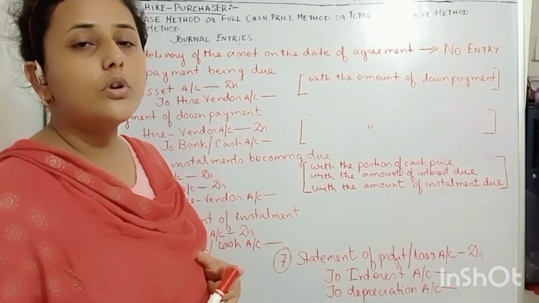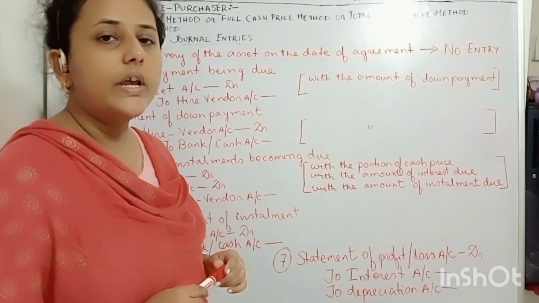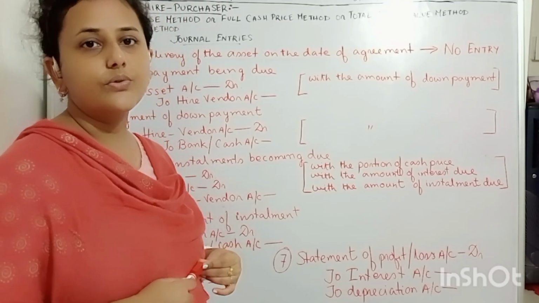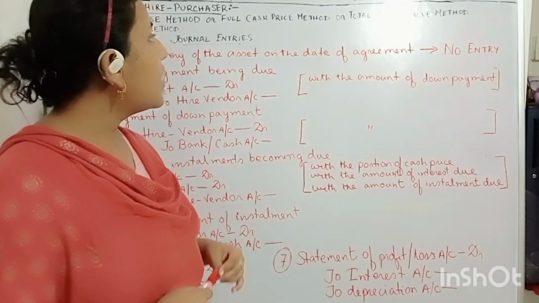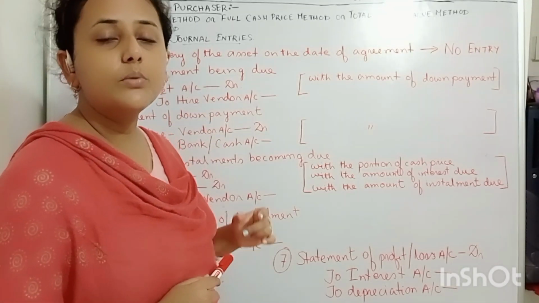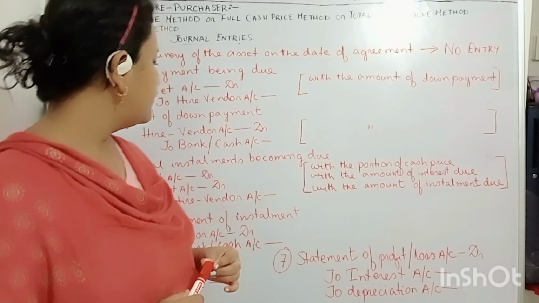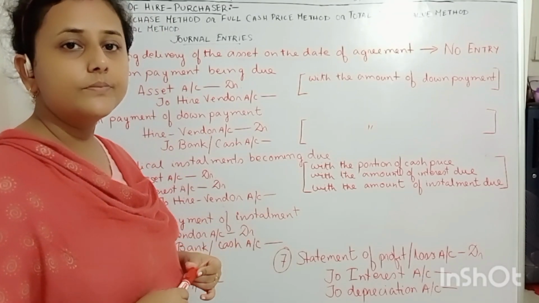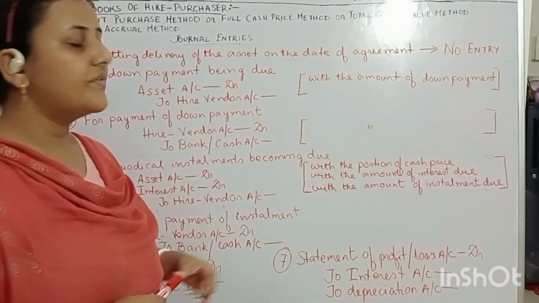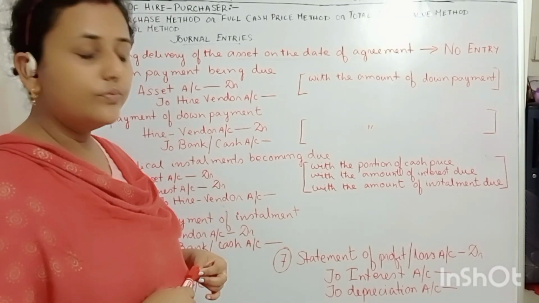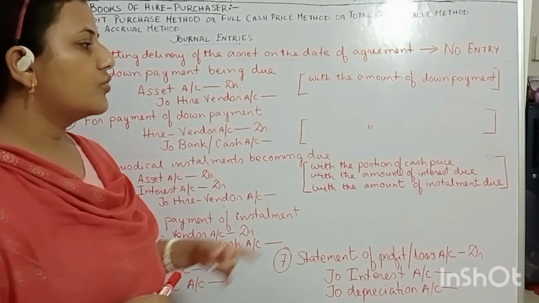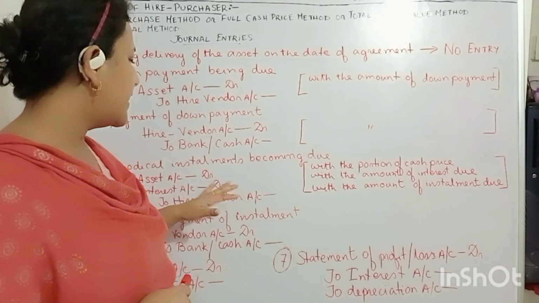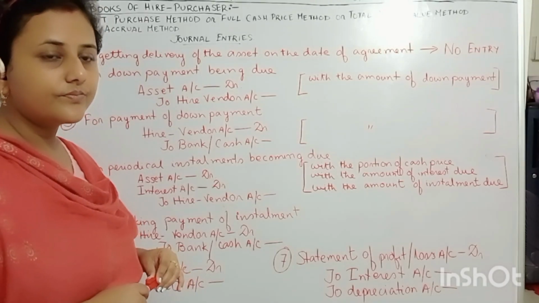In each installment, the portion of cash price is there, and interest is also included. So under asset accrual method in the books of hire purchaser, this entry is passed.